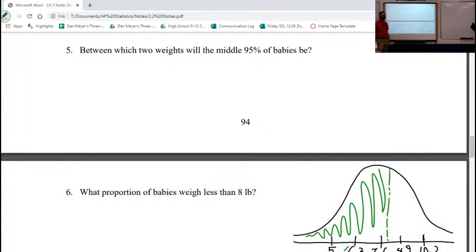What percent was less than 8.9? What was to the left of 8.9? It was 84, right? Okay, so should our answer be more or less than 84? Should it be more or less than 50%? More. So now we have a little bit of a number sense of what this answer should turn out to be.